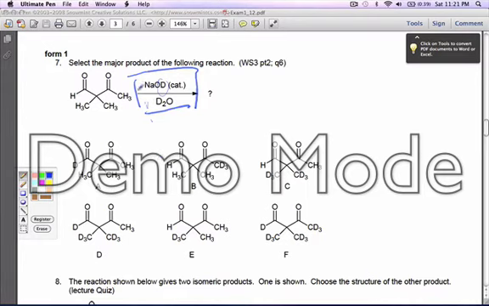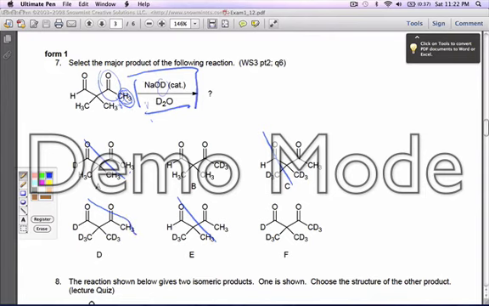Acidic hydrogens are usually attached to the alpha carbon of a carbonyl or an ester. And if we look here, we have 3 acidic hydrogens. So you know that these 3 hydrogens are going to be replaced. So which one of these replaces those hydrogens?